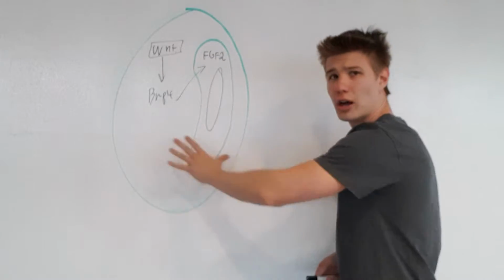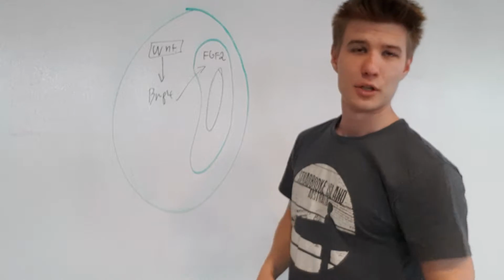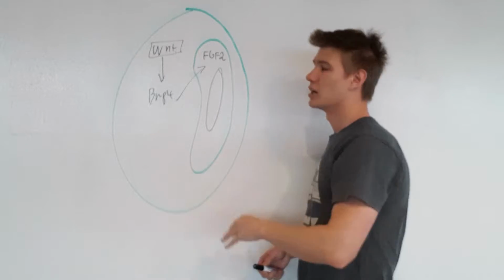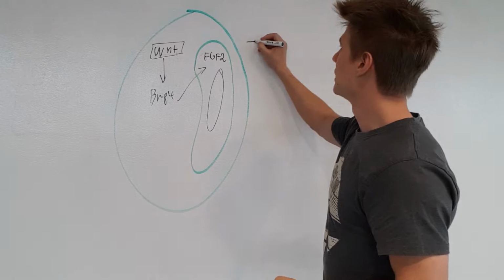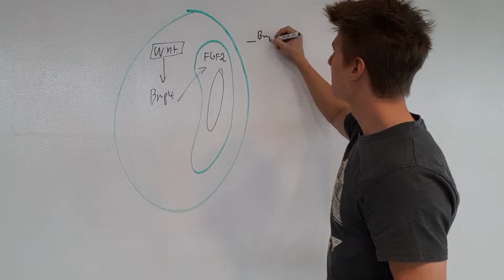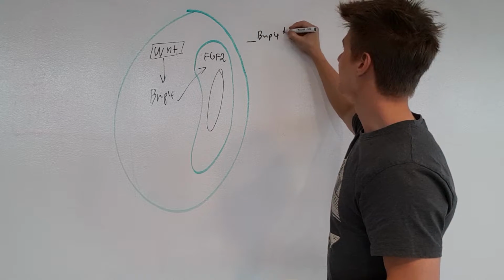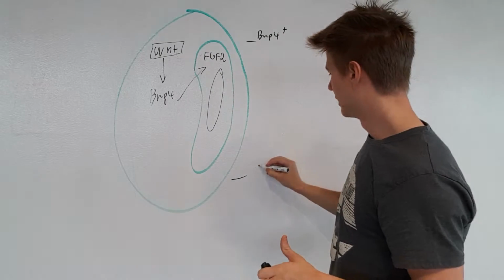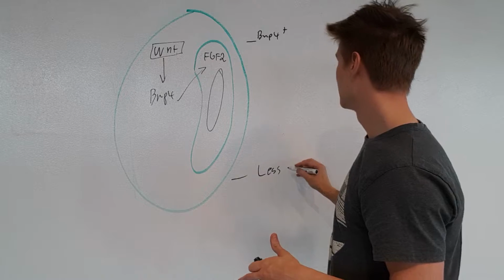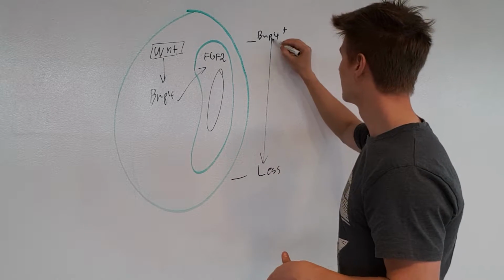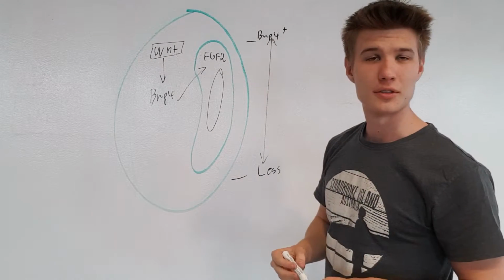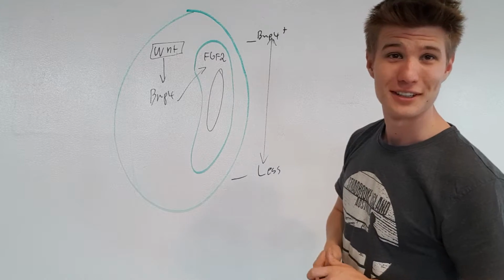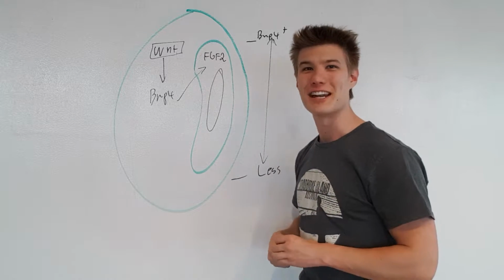Now there's a whole range of anatomy that we can go through with this exact area. But the important thing is that BMP4 has a lot at the top end and less down here, right? I always forget what the top and bottom things are called, and I don't care because I don't study anatomy, haha.